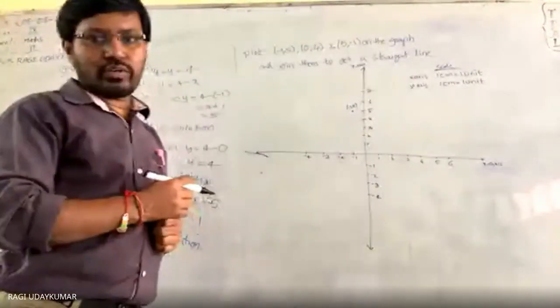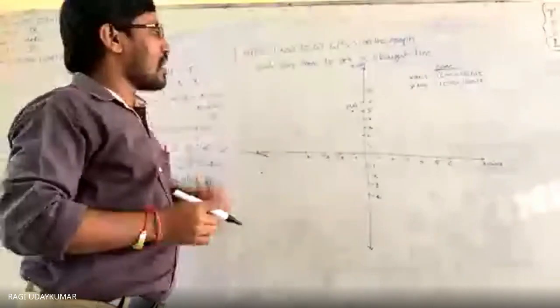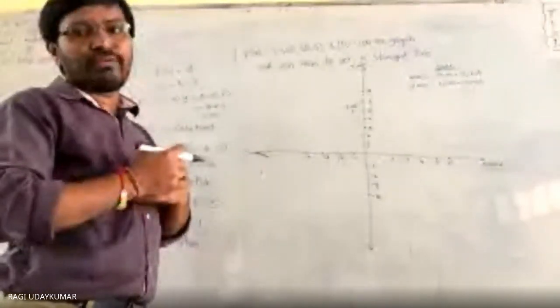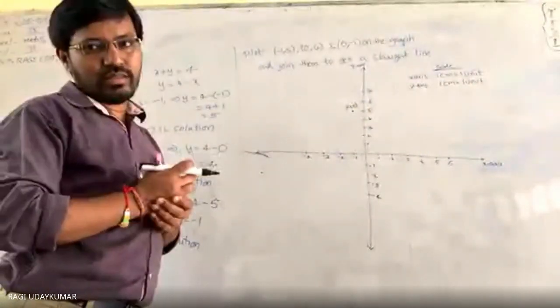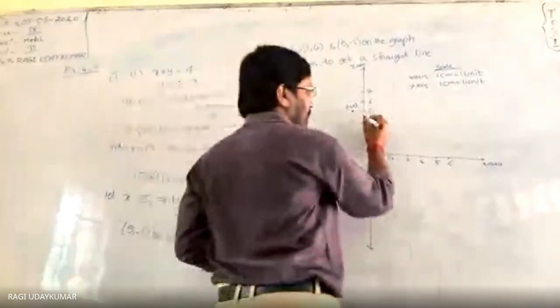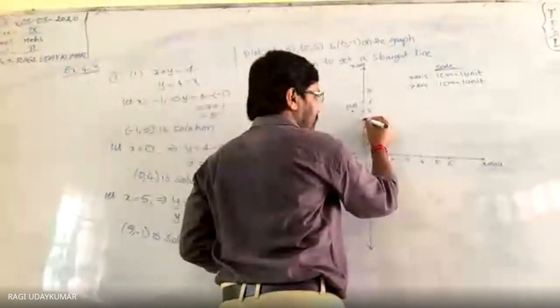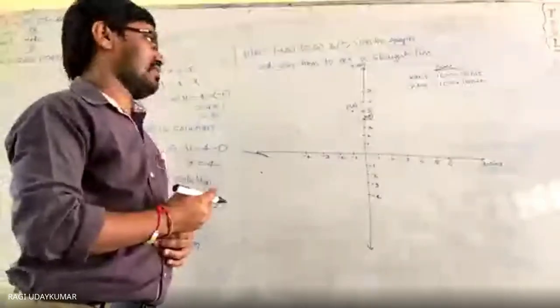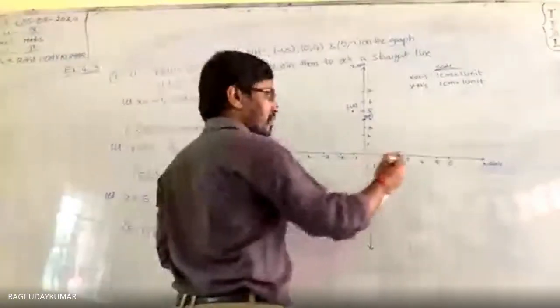Next, 0 comma 4. Where does 0 comma 4 lie? On the y-axis. Next, 5 comma minus 1. Fourth quadrant.